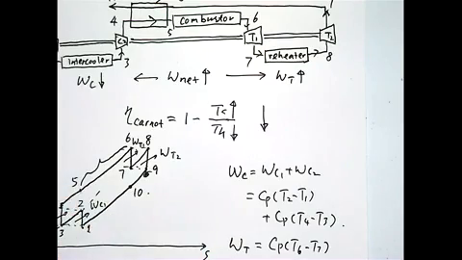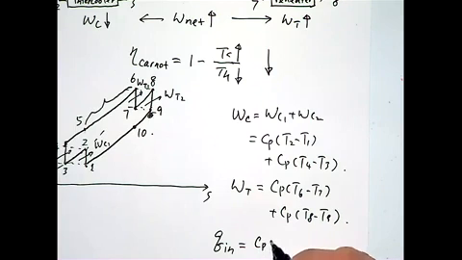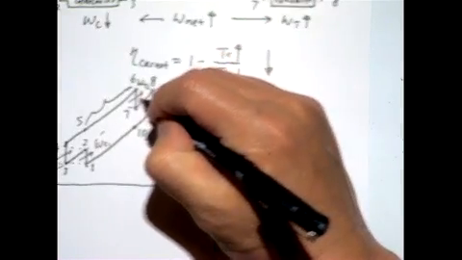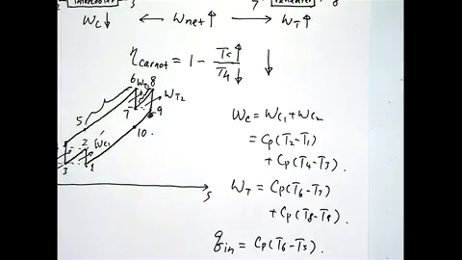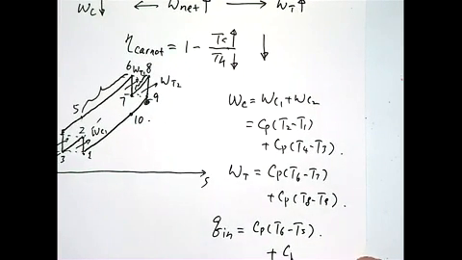So the heat added in the combustor is Cp (T6 minus T5). We also have the heat added at the reheater, so that's another component of the heat addition: Cp (T8 minus T7).